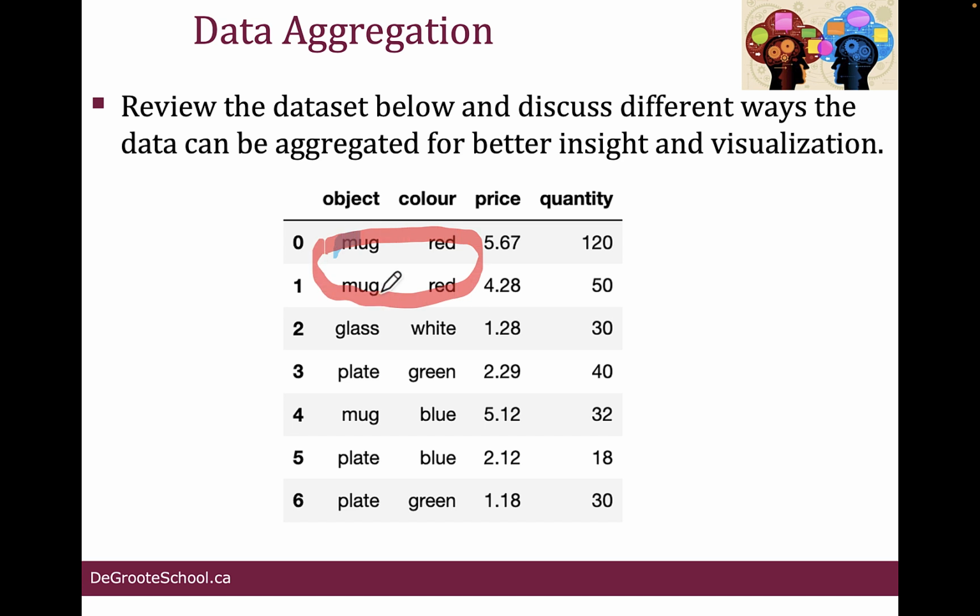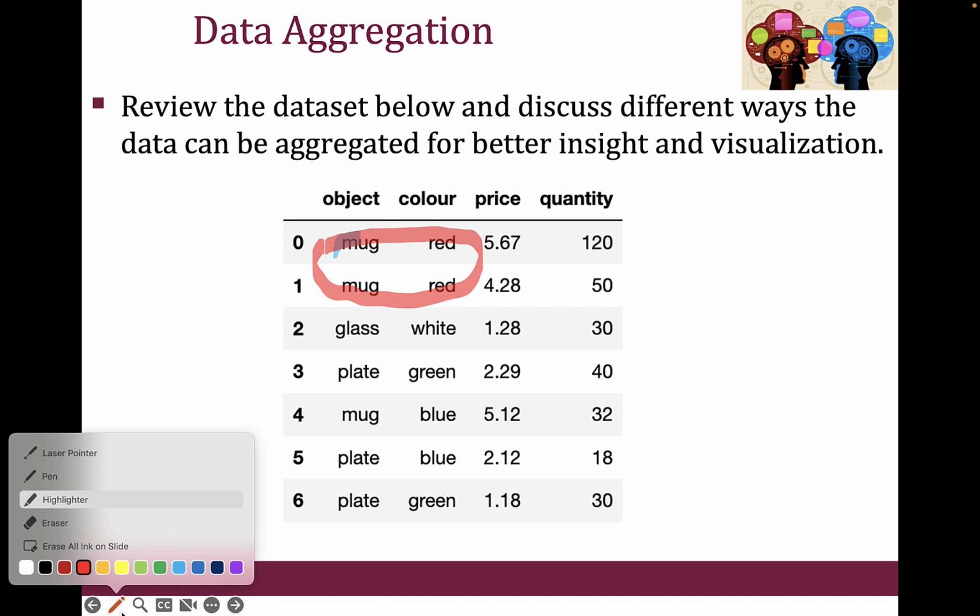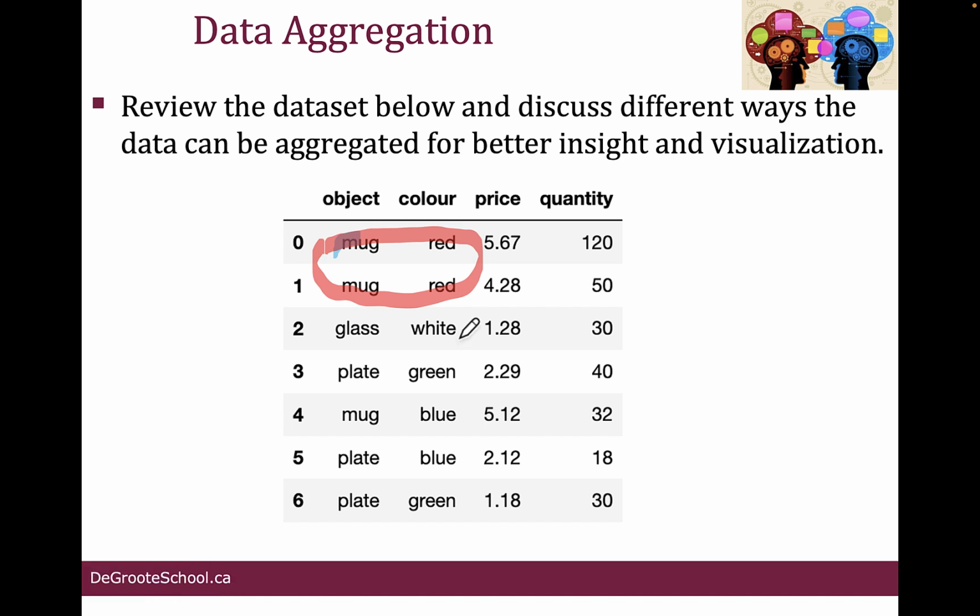That's group number 1, let's say, right? And the blue mug, that's a different group, right? This time we are considering both object and color. If one factor is different, we have a different group. Right? So that's the second group.